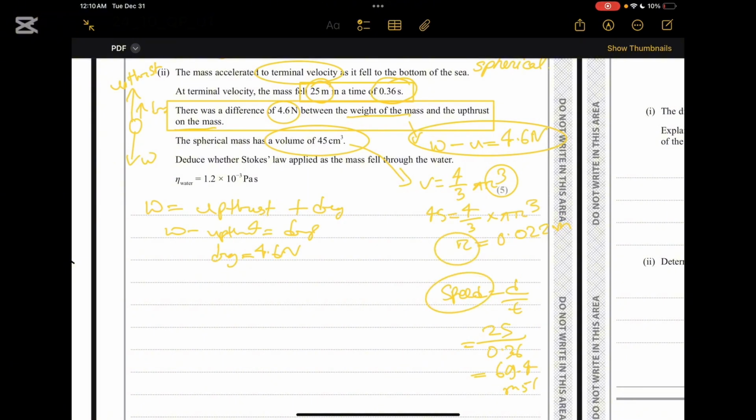Now what we can do is, we know drag is equal to 6 pi r eta v.